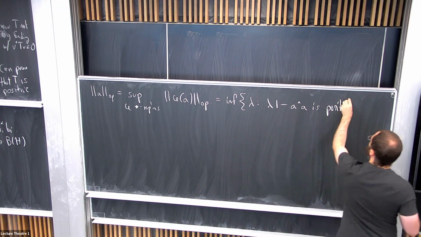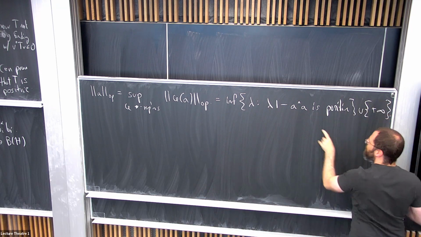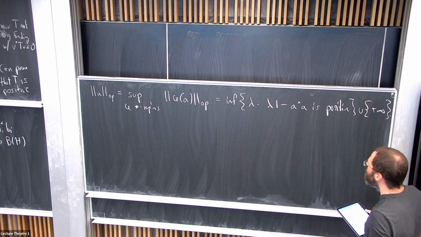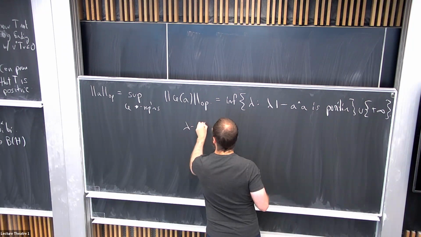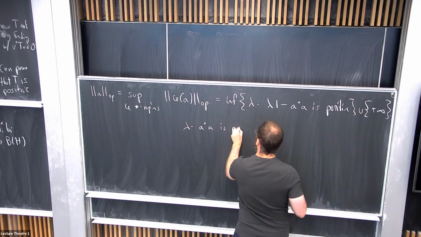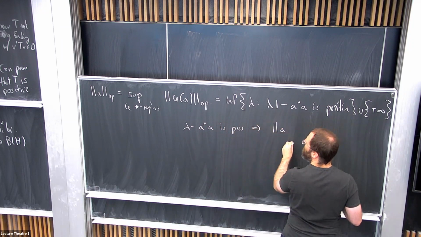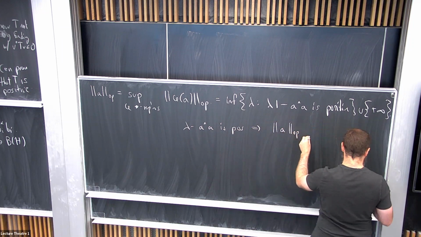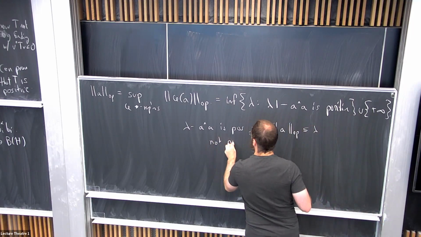And as stated, this could also be infinity, so I'll add that in case this set is empty. So if we know that lambda minus A star A is positive, then that implies we have an upper bound on the operator norm of A, less than lambda, and if it's not positive, then we get a lower bound.